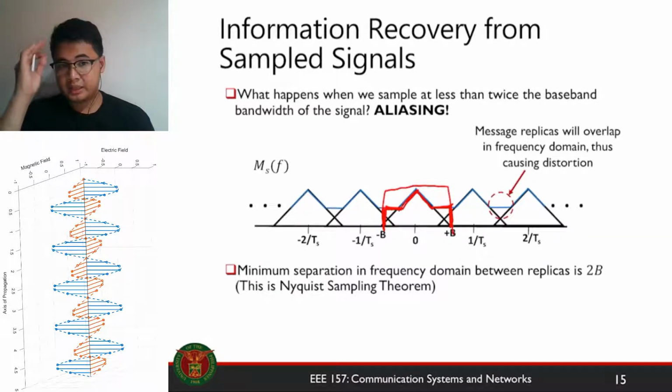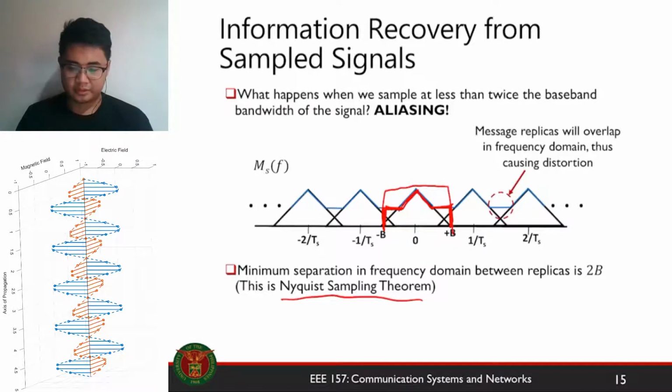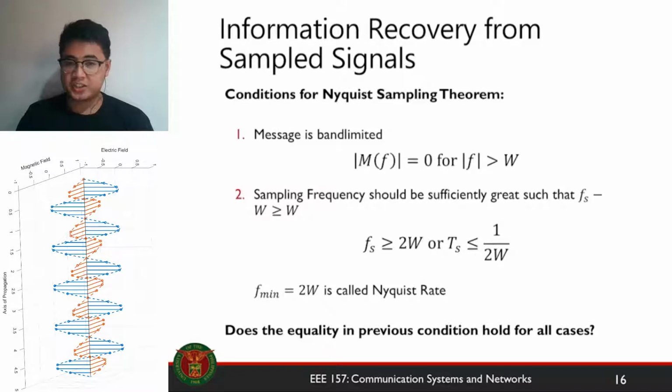So ideally, you want to space these replicas as far apart as possible. Once you do that, you will be able to recover your signal without distortion. And that is the Nyquist sampling theorem, which you've already encountered. These are the conditions for the Nyquist sampling theorem: your message should be band limited, and your sampling frequency should be greater than twice the bandwidth of your signal.